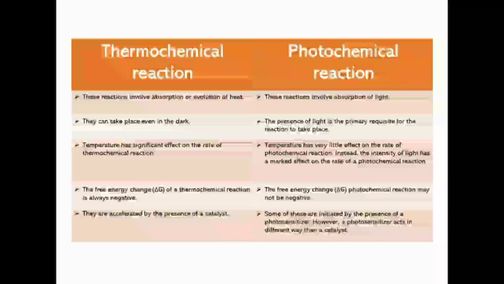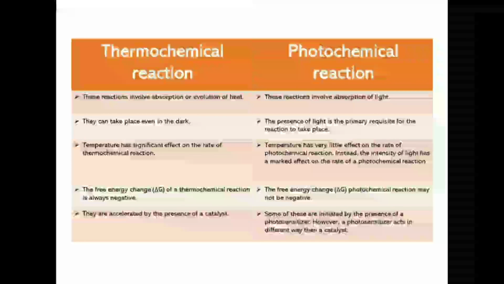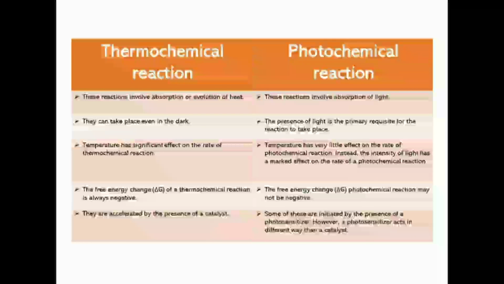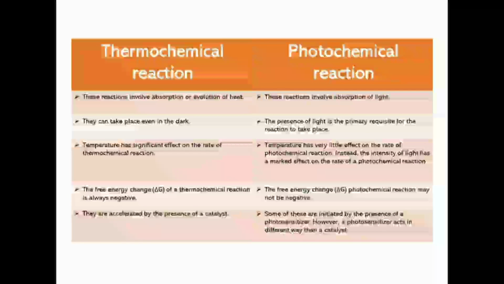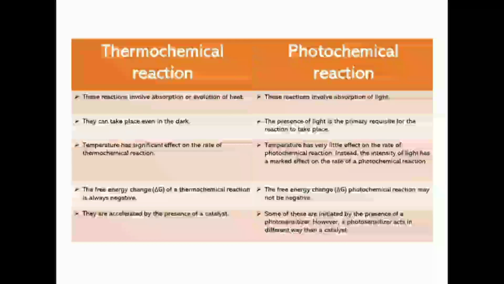Next one, they are accelerated by the presence of a catalyst. A thermochemical reaction may be altered, accelerated, meaning we can increase or decrease it through a catalyst. By adding a catalyst, we can alter the thermochemical reaction. Any compound we can add as a catalyst, and the thermochemical reaction will be altered.